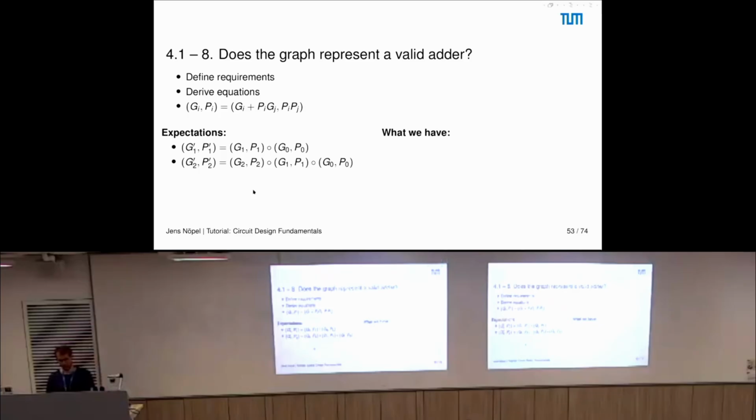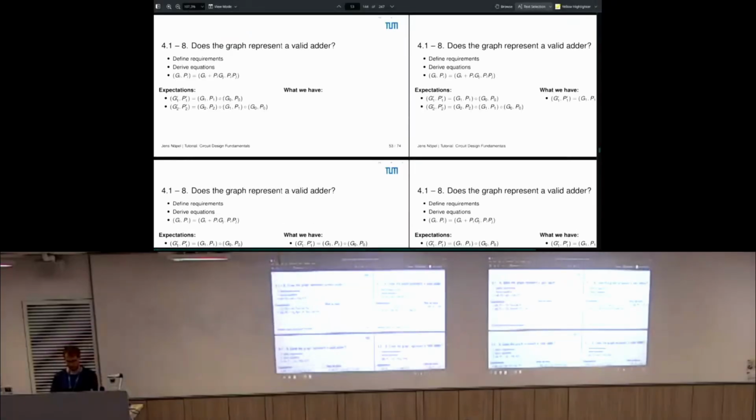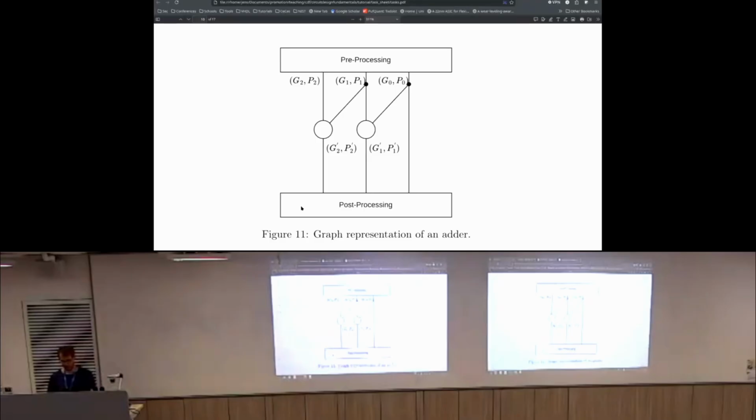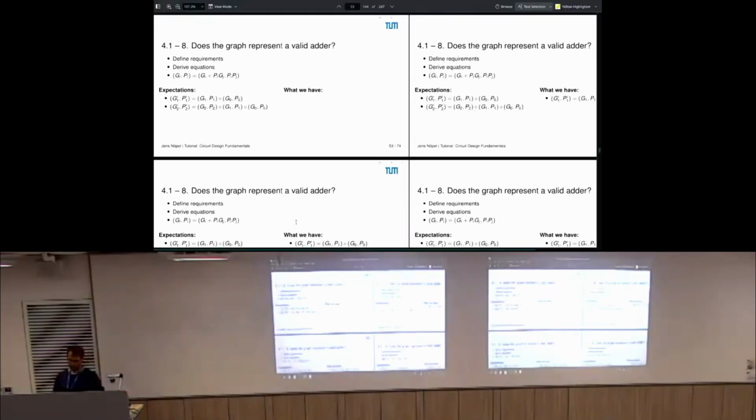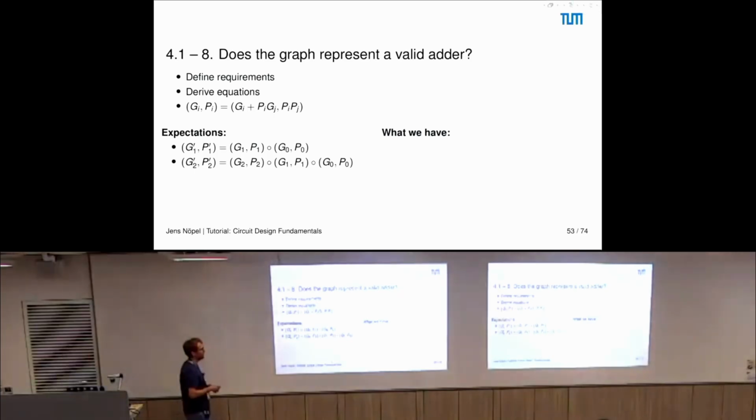So if we go back to a diagram like this one, these are the 2 nodes we need to find a formula for, and what we expect for those 2 is exactly what is depicted here, and this is always the same. Now the question is, what do we have? Let's have a look at the right one first.